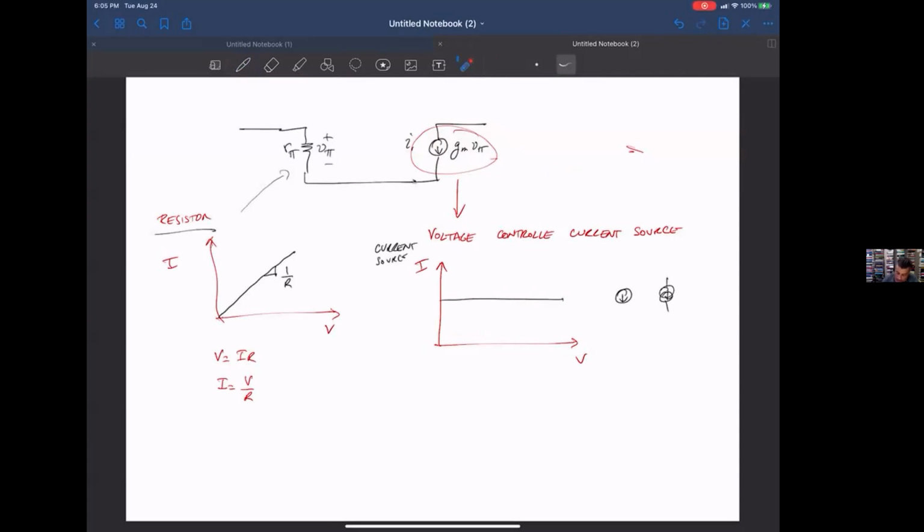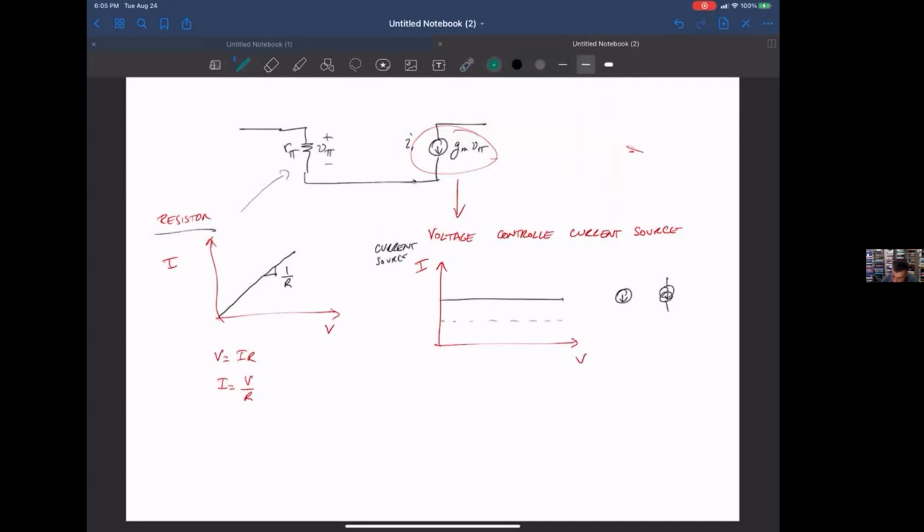So a voltage dependent current source means that there is another voltage somewhere else. Not the voltage across the current source, but another voltage somewhere else. In this case, it's the voltage across this resistor, V sub pi. And if that changes, let me draw different lines.